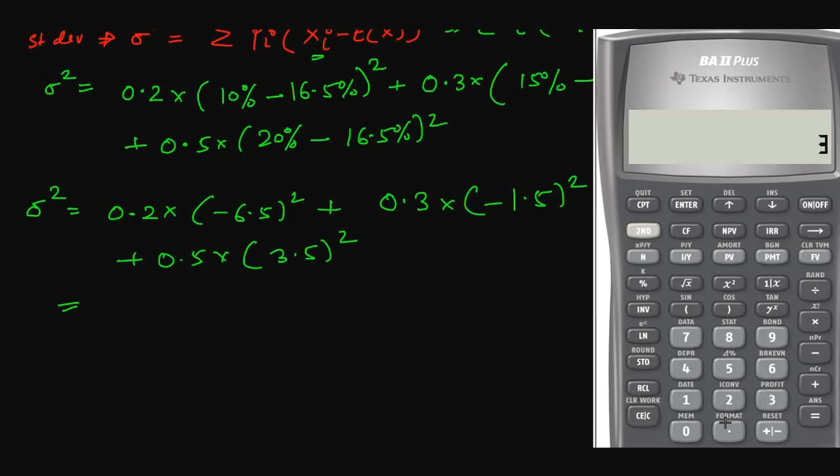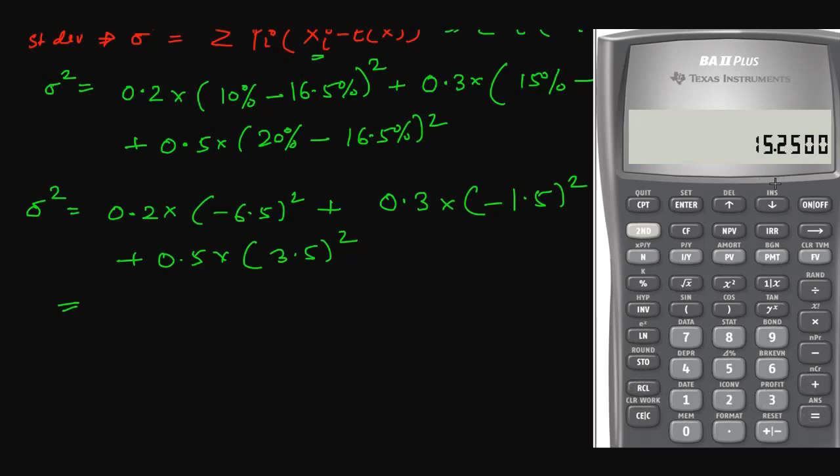We can also do 3.5 squared, multiply it with 0.5, and store it in 3. Then we do recall 1 plus recall 2 plus recall 3.